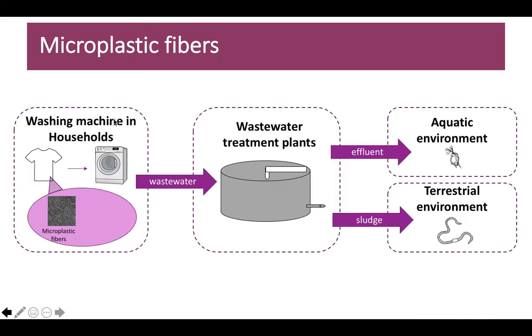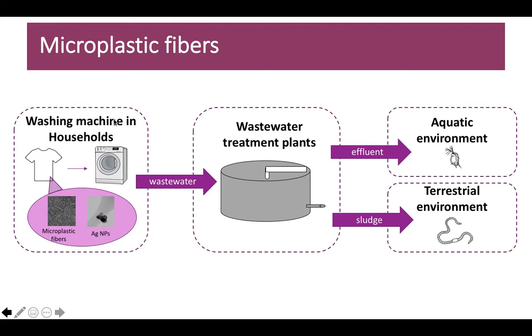Microplastic fibers are a specific type of microplastics, and they are generated when we wash synthetic textiles in our homes. These fibers will go to the wastewater treatment plants and be found in both effluent and sludge. In this way, they will reach the aquatic and the terrestrial environments.